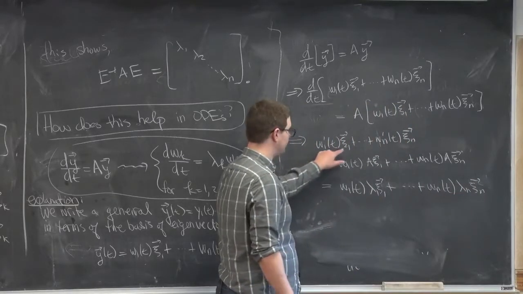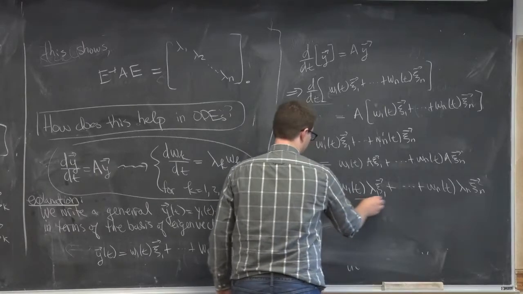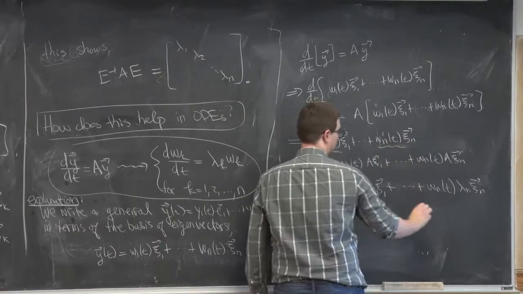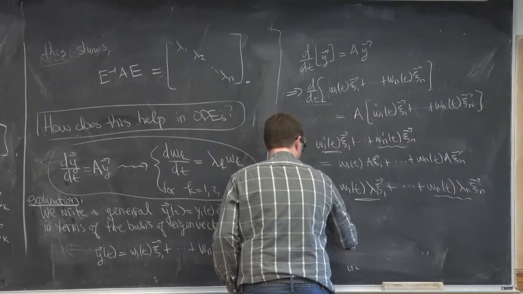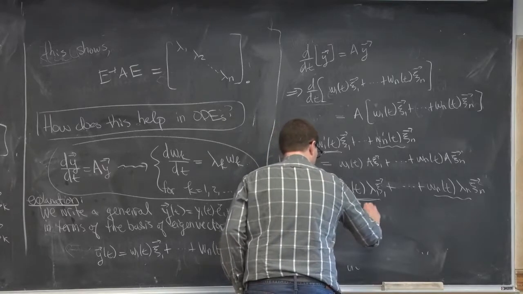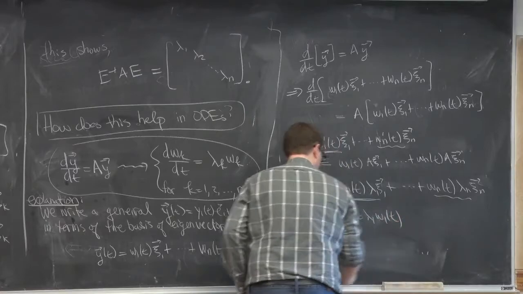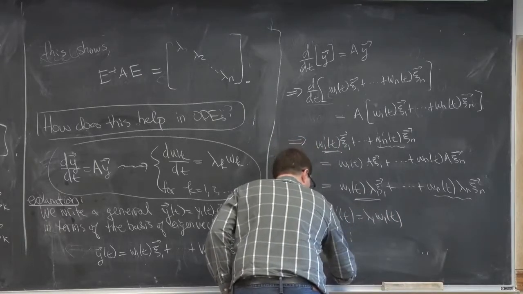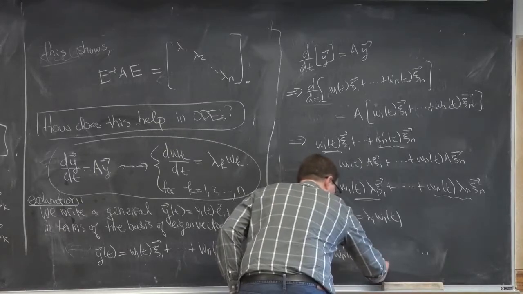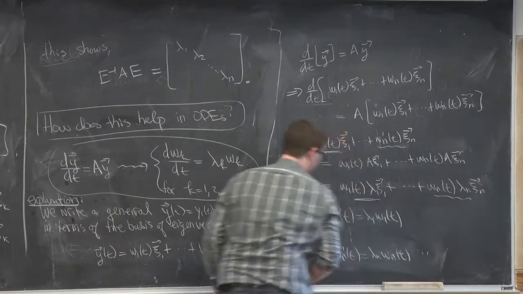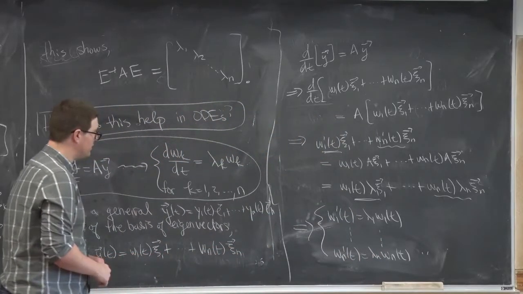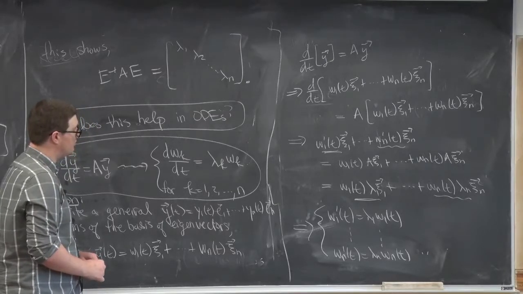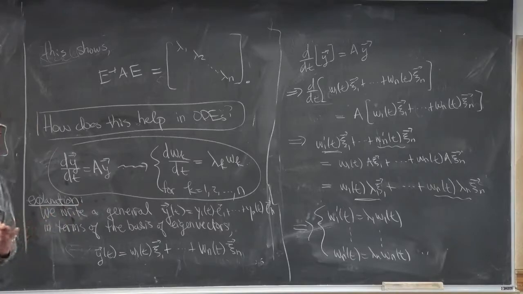Then we equate coefficients, and this gives us the system of equations, and we could write dot, dot, dot on the other side too. So by diagonalizing, we reduce to these really basic equations.